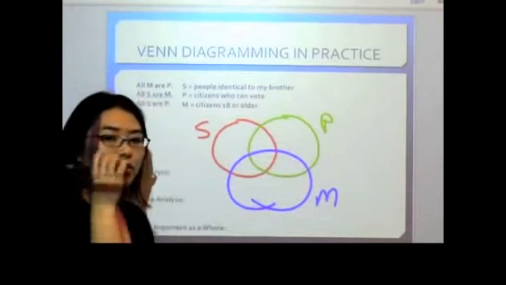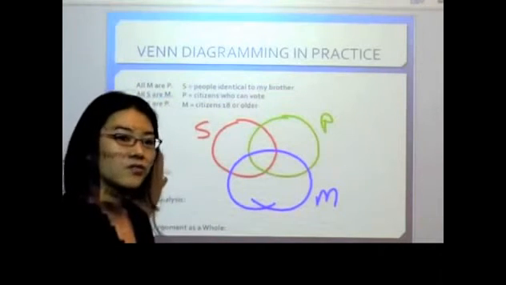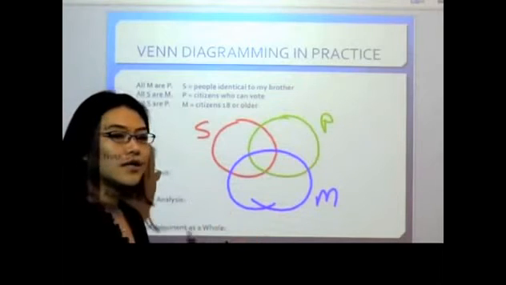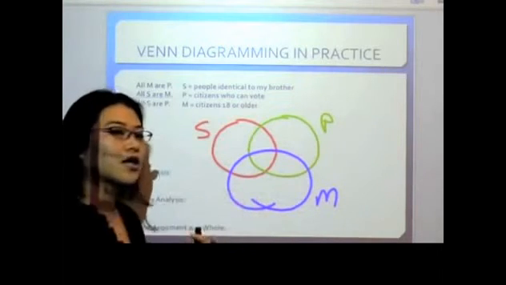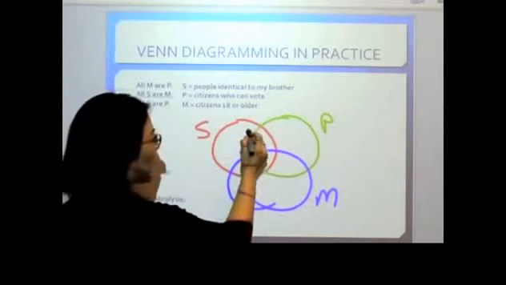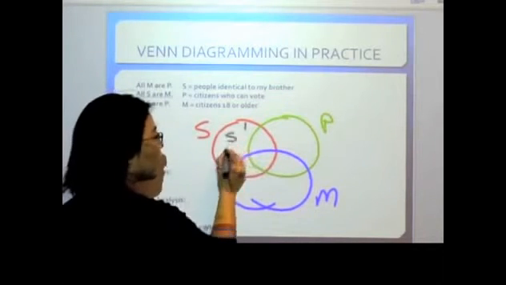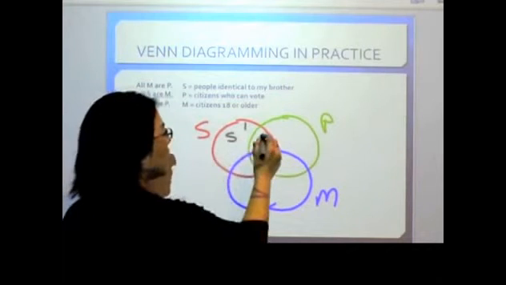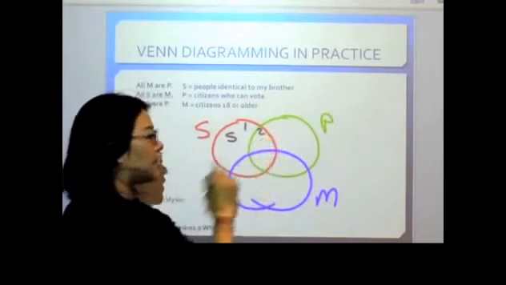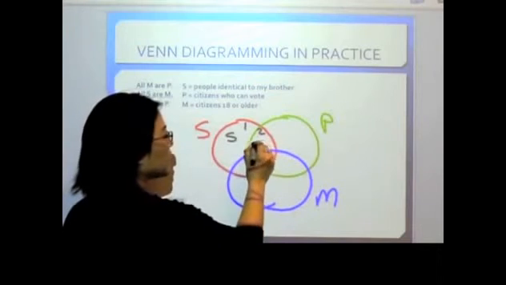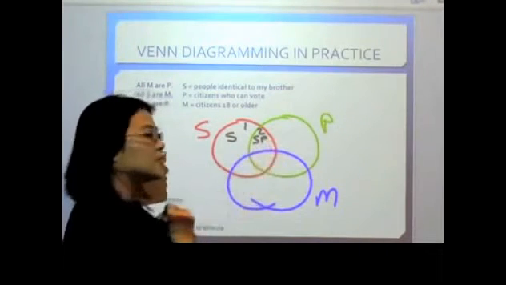And you can do this for yourself if you'd like to, if it makes it easier for you. I'm doing this so that it's easy for you to see what I'm talking about, okay? So here we have area 1, and in area 1 we have only those things that are S. And here we have area 2, and in area 2 we have those things that are S's and P's, okay?